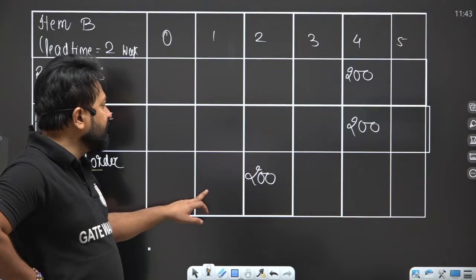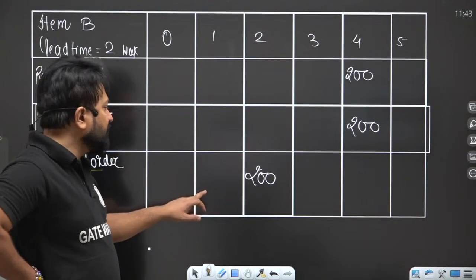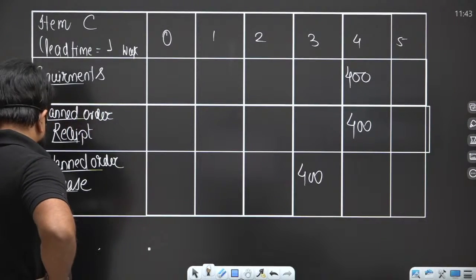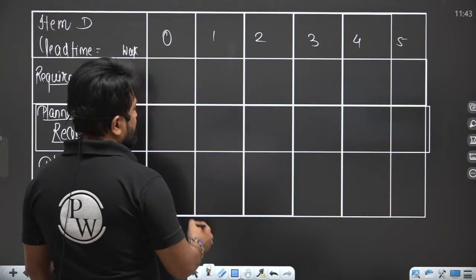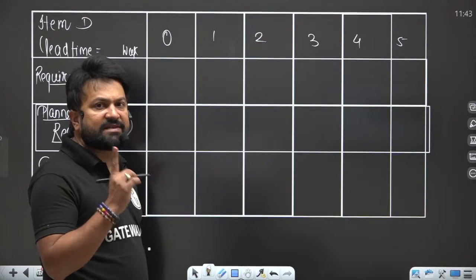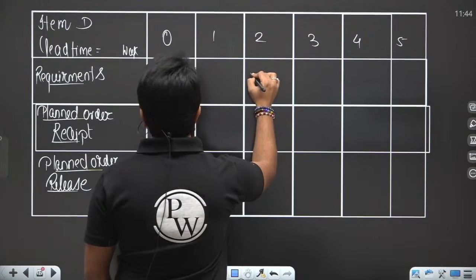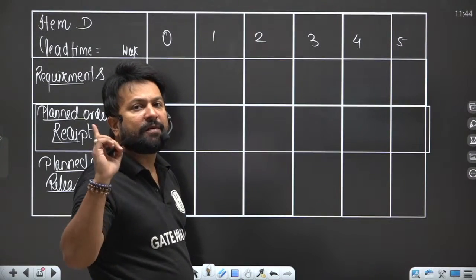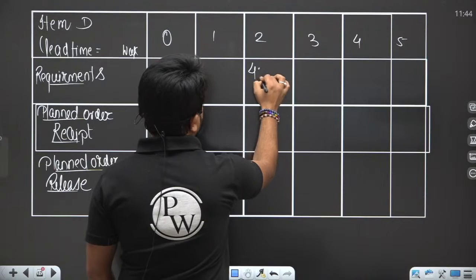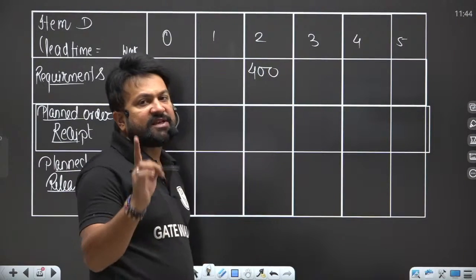So you have to release D in the 1st week. So I'm talking about D for B. Please listen carefully. D is required for B in the second week, so it should be received in the second.